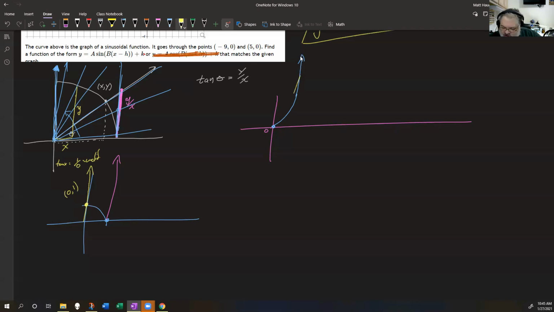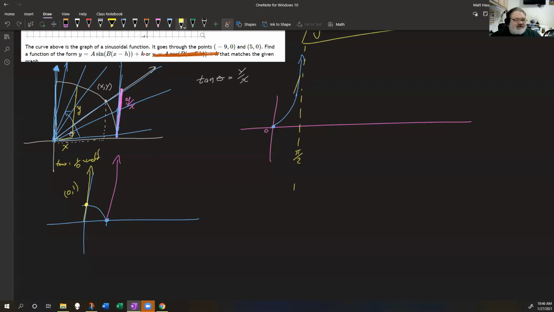So this thing gets larger and larger and larger, sure, but it does end up having that nice asymptote at pi over 2. Fair?